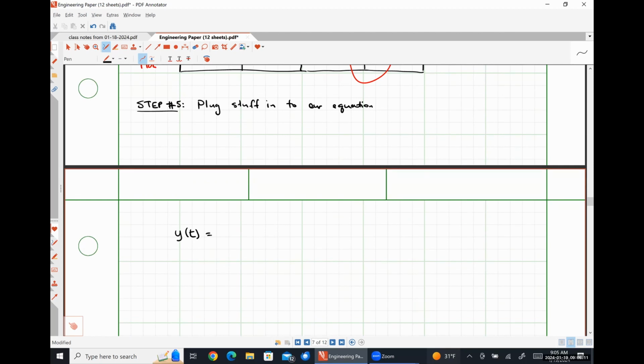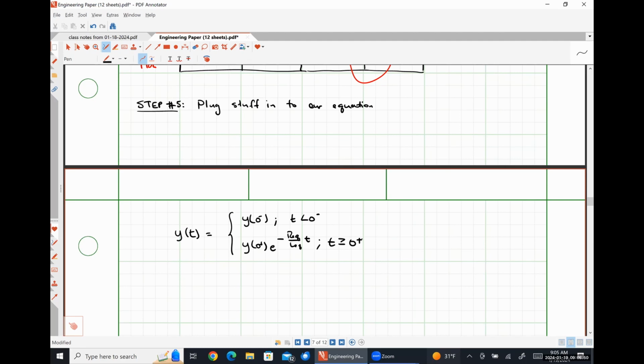Y of t, where Y represents literally any voltage or current in our system, is going to be equal to Y at 0 minus for t less than 0 minus, and then it'll be Y at 0 plus times e to the negative REQ over LEQ times time for t greater than or equal to 0 plus.